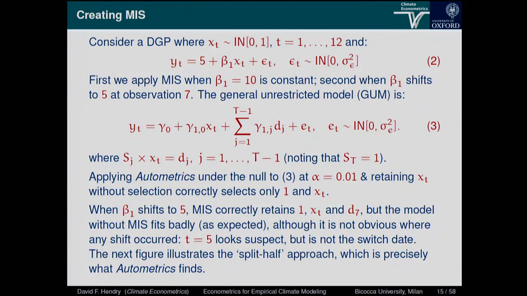And then applying autometrics under the null at 1% to this particular example and retaining x, it keeps the variables correctly. When beta 1 shifts to 5 at observation 7, I'll show you in a moment that in fact it looks like it was observation 5, but the program correctly picks up observation 7.